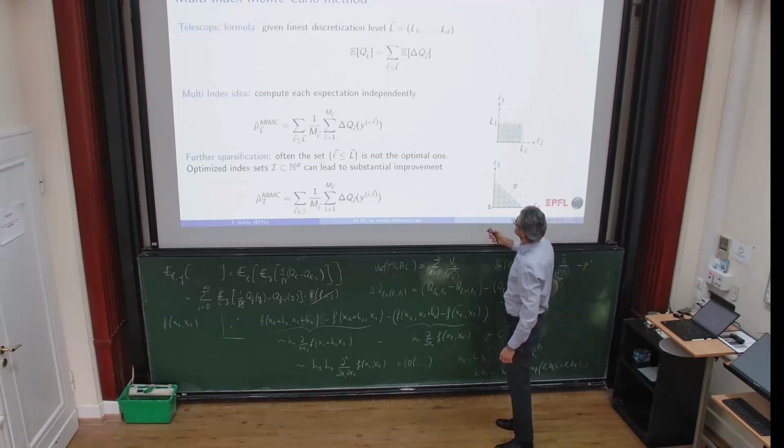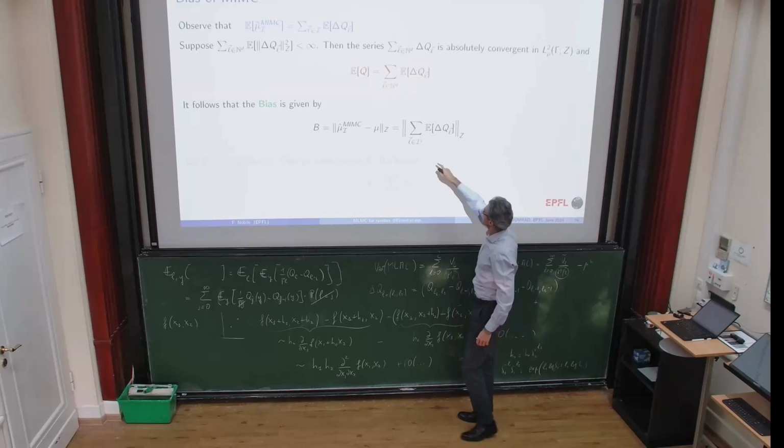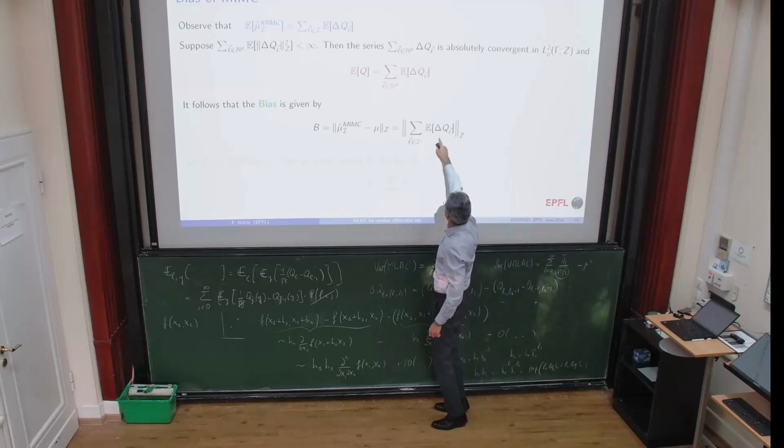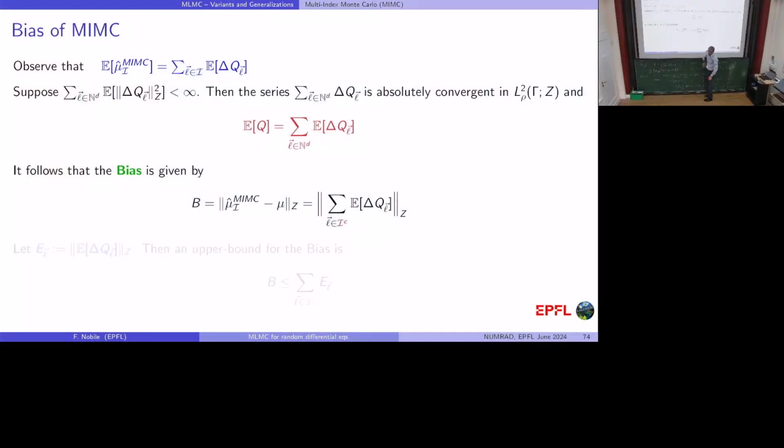So the bias will be the norm of the sum of these expected deltas on the complement. Now, of course, it's very difficult to deal with this, so let's play sloppy and use a triangular inequality. If I have a good estimate of the size of each one of those terms in norm, I can upper bound the bias by the sum of those error indicators in L over the complement.